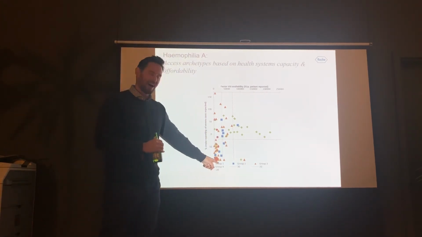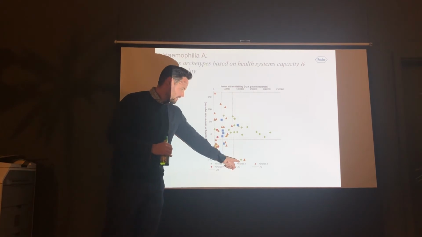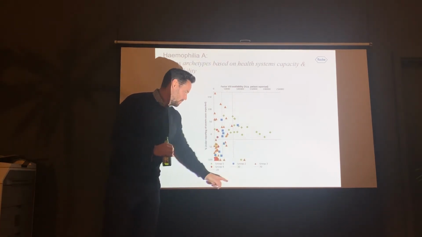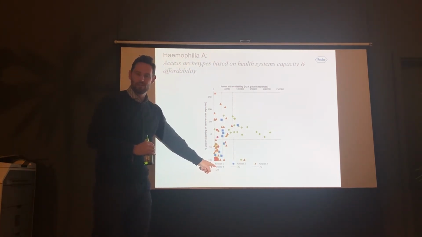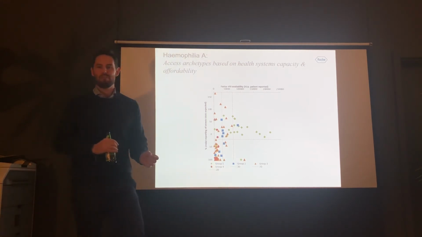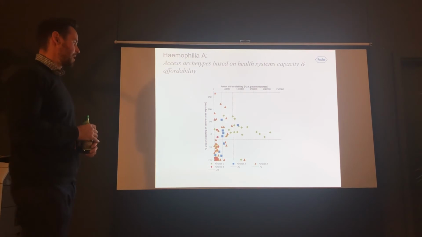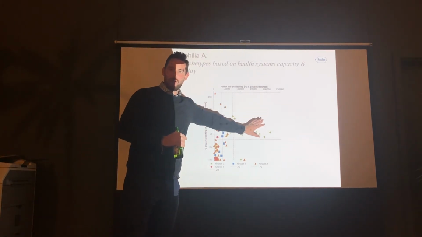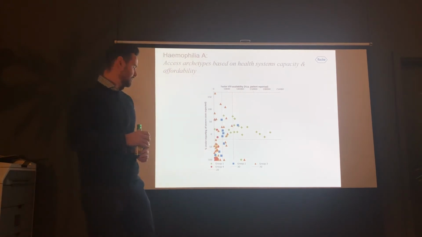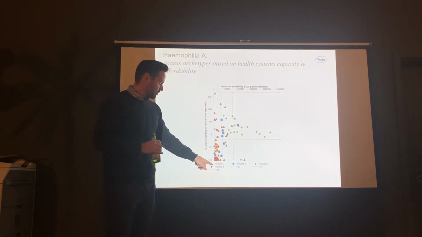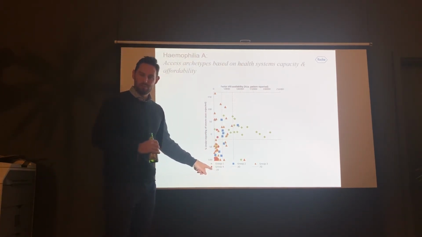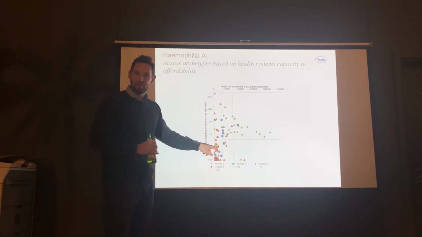Group 1 is highest affordability, second highest, then below median, and then poor affordability. These countries don't have money to pay. Low health development index. It's not surprising that the ones that perform well in all aspects are the ones with high affordability. And it's also not surprising that most of the ones in group 4 with very poor affordability are here, where the health system seems to be dysfunctional.